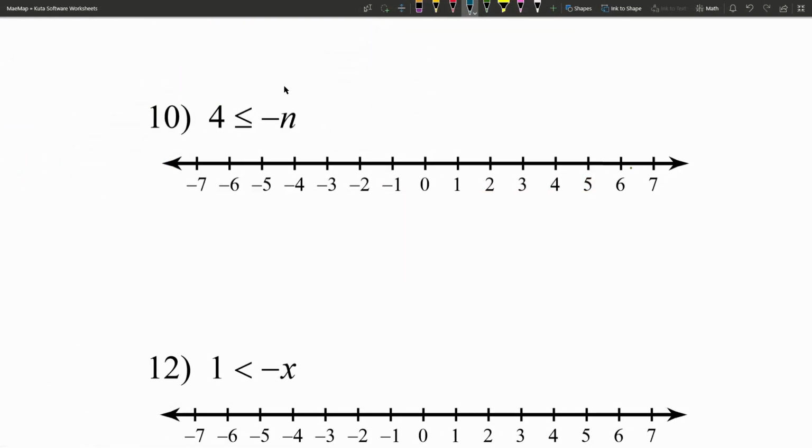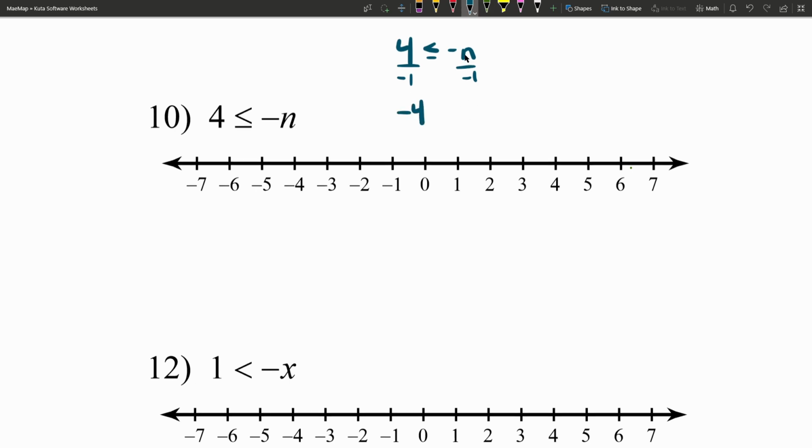For number 10, again, we have a negative with our variable, which we don't want. We don't want to solve for negative n, we want to solve for n. So I'm going to write this as 4 is less than or equal to a negative n. And then we're going to do what with this inequality? We're going to divide or multiply by a negative 1. Our left-hand side, 4 divided by negative 1 becomes a negative 4.